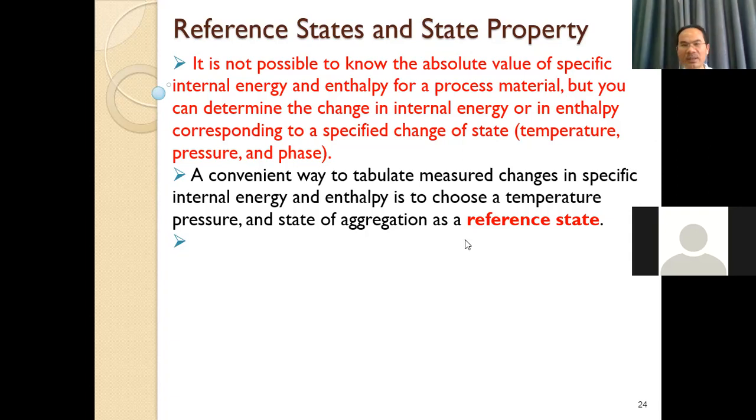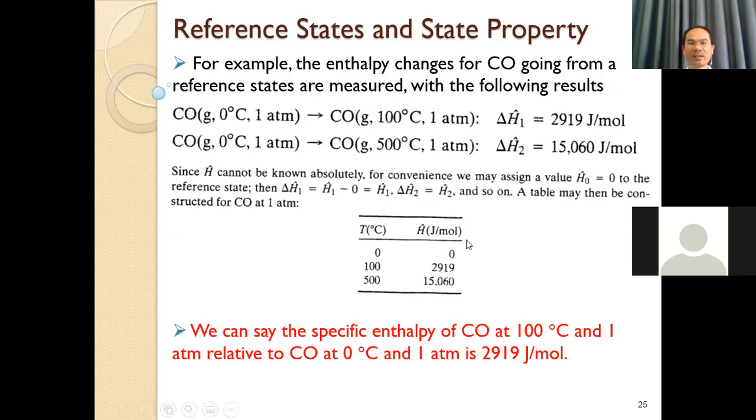Okay, we give you an example. We calculate the change of the enthalpy of carbon monoxide going from the reference state, as follows. We know the carbon monoxide goes from 0 Celsius, 1 atm to 100 Celsius, 1 atm. What does it mean?